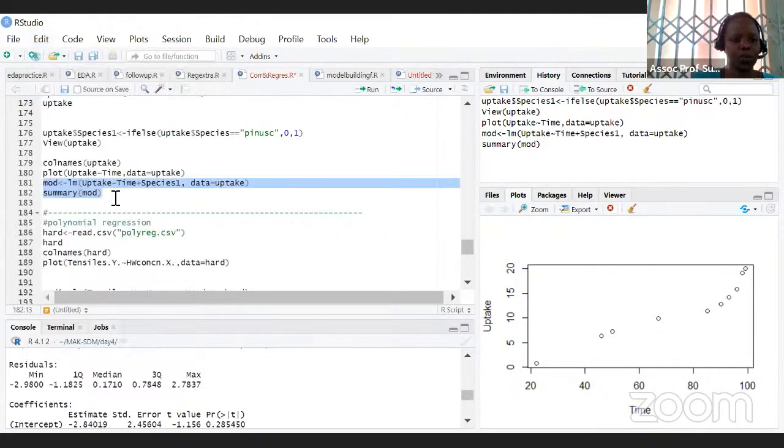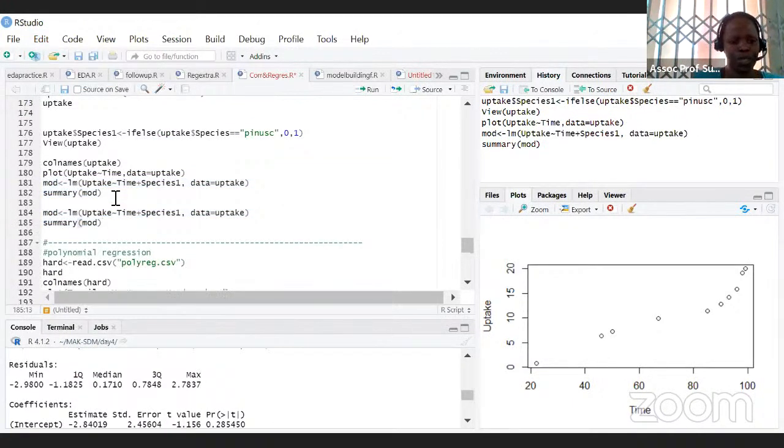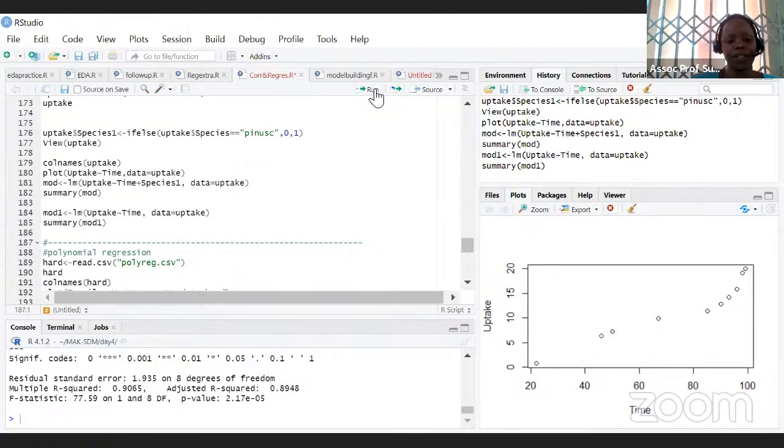Undo. And then I'm going to call it mod 1, without the dummy variable because it was non-significant. So when I run that, the second model without species, I ask for the summary.